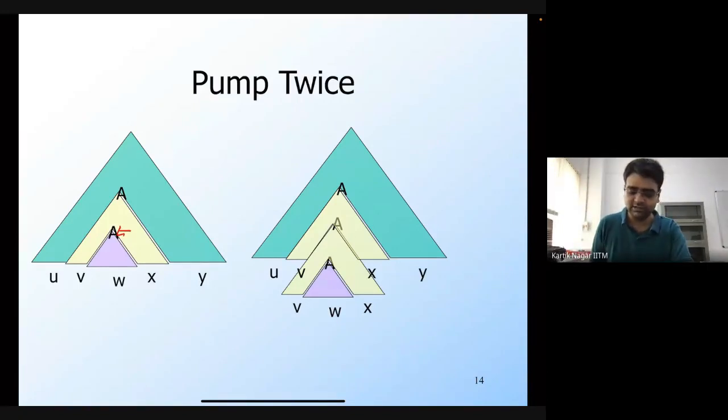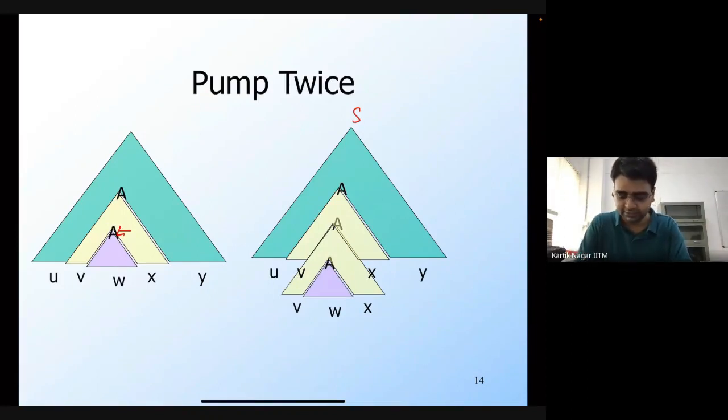So the resulting string will be u v square w x square y. And again, this is a valid parse tree, which means that this is another valid derivation of the string u v square w x square y, and therefore it should be in the language.